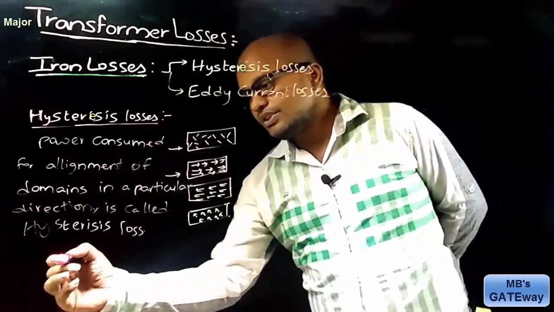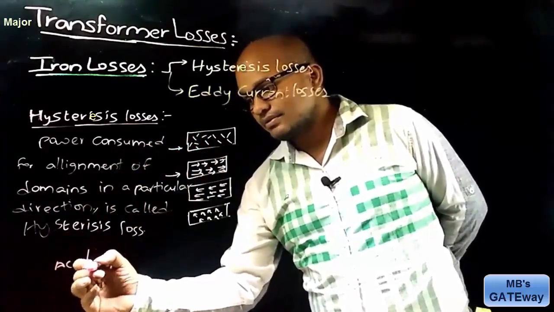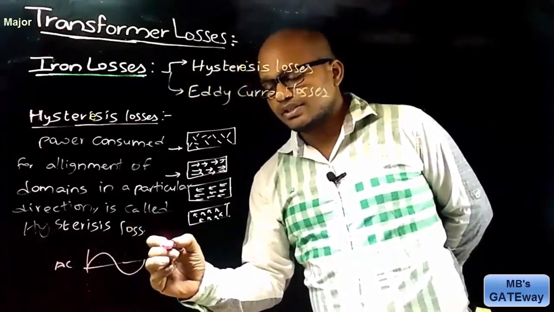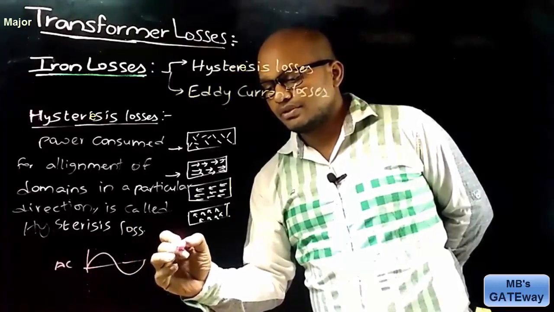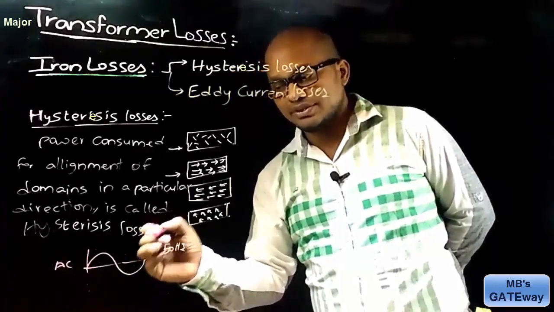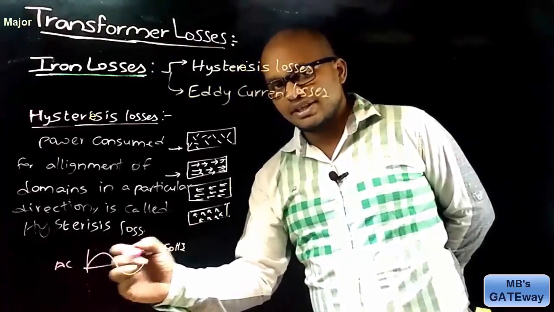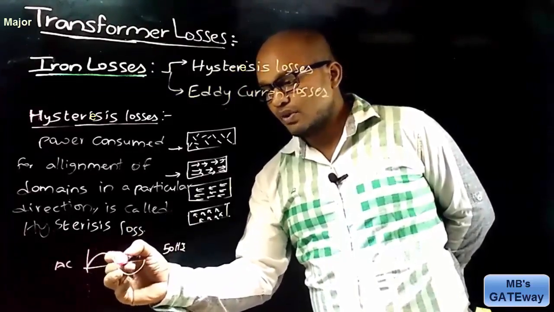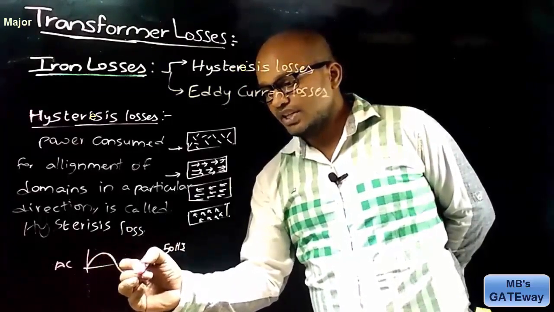As the input to the transformer is AC, let us consider a 50 Hz frequency input to the transformer. So for every cycle there is one positive half cycle and one negative half cycle.